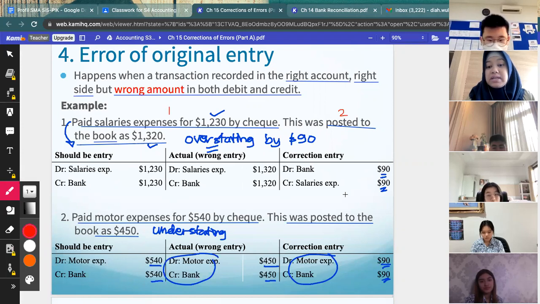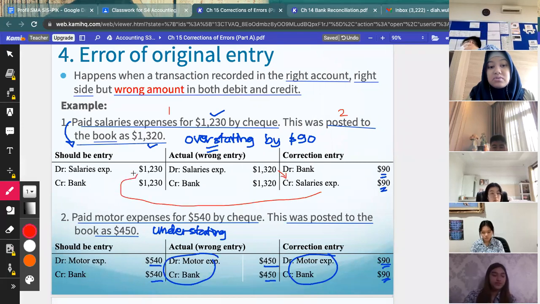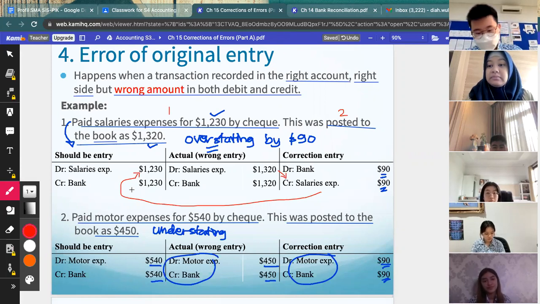So after you put salaries expense 90 in the credit side, this plus that is the same as 1,320 minus 90. As a result, it now becomes 1,230. Is that clear? Clear, yeah? Now, let's continue to the bank.